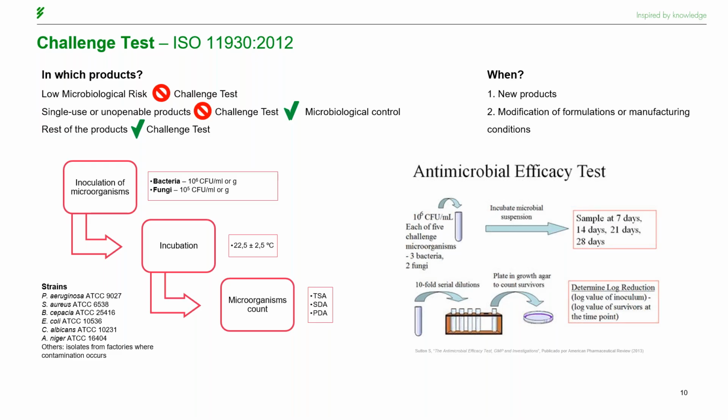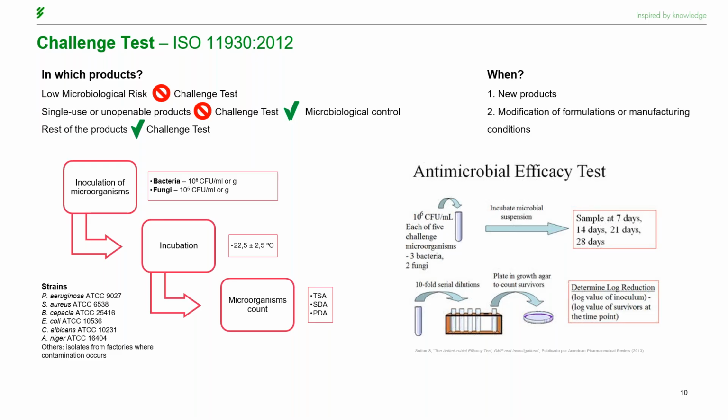The test consists of inoculating the cosmetic with standardized inocula, separately for each strain, of course. So to each sample of cosmetic, you add the standardized inoculum and mix thoroughly to obtain a homogeneous distribution of this inoculum.